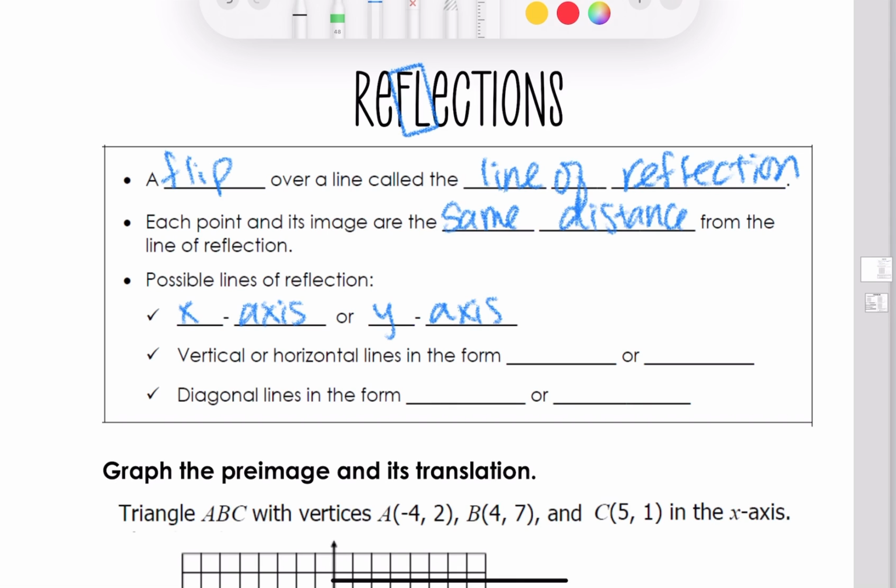Or horizontal lines, which have a 0 slope, in the form y equals some number. Or the third option is diagonal lines in the form of y equals x or y equals negative x. There are formula shortcuts for all of these.